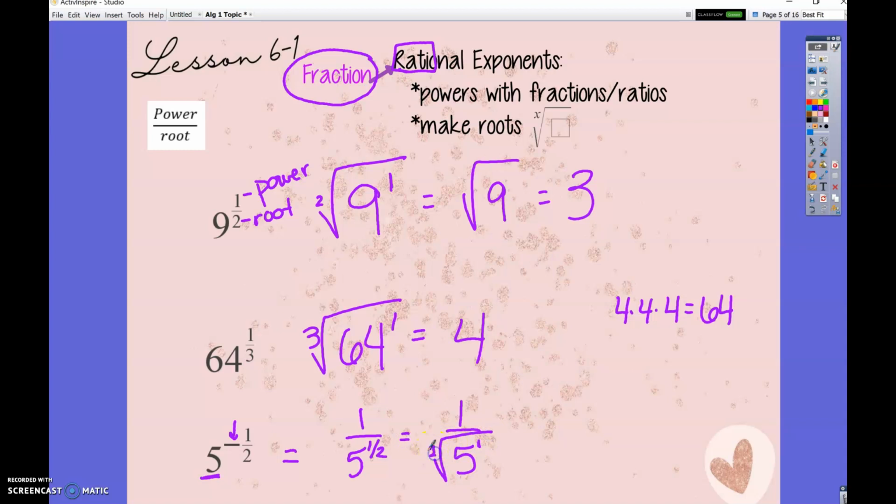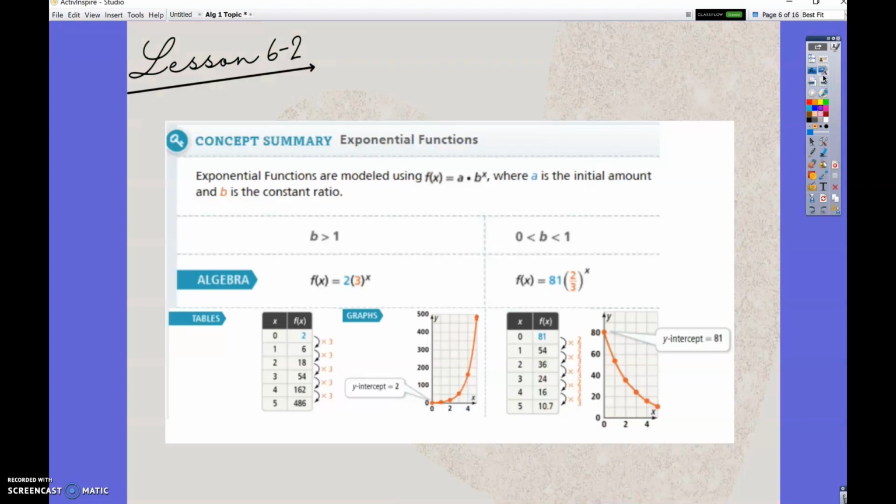You can put your 2 here, but if you don't want to, anytime you put that root symbol, it's assumed to be a square root. Now down the road in your future math classes, they may find that you want to reduce this and not leave a radical in the denominator, but for now, we'll leave it. We want to remember that if you have a fractional exponent, the power is on top, the root is in the denominator.